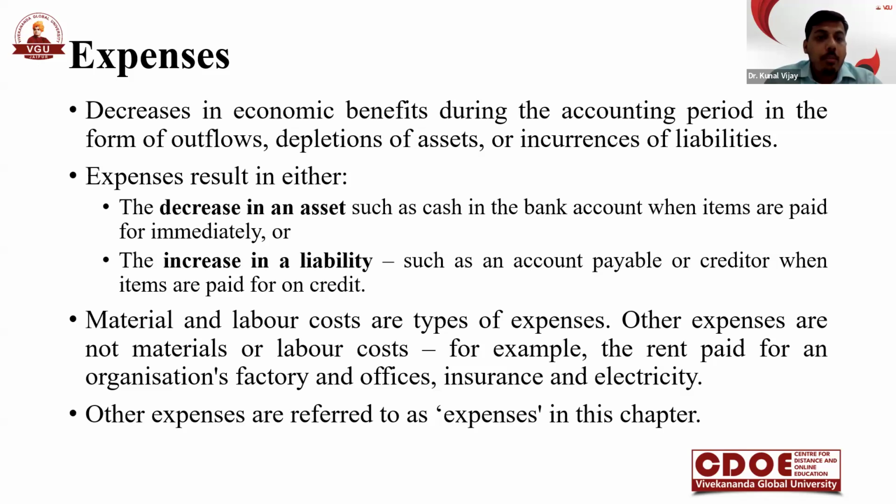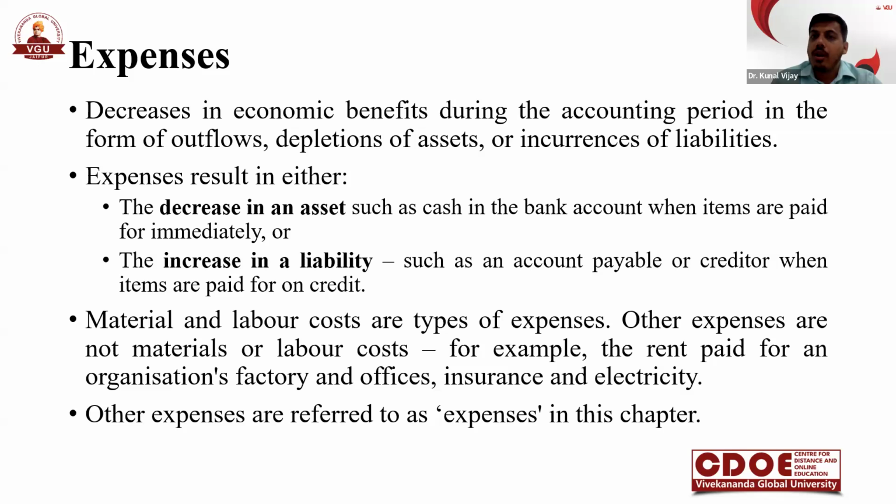Next it is written that material and labor and cost are types of expenses. You should understand that in expense, material is also an expense, labor is also an expense, and there are other expenses as well. But we study material separately and labor separately because these are big elements of cost. Other expenses are those that are not material and labor costs, for example rent, insurance, electricity, and so on.